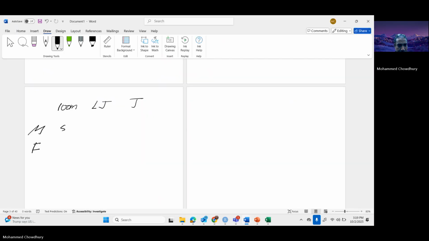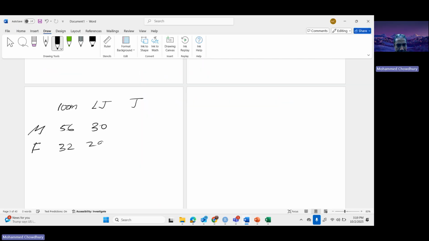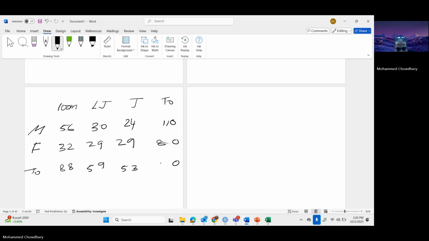56, 32, 30, 29, 24, 29. So if you find the total in here, the total is equal to 190, right? 200.